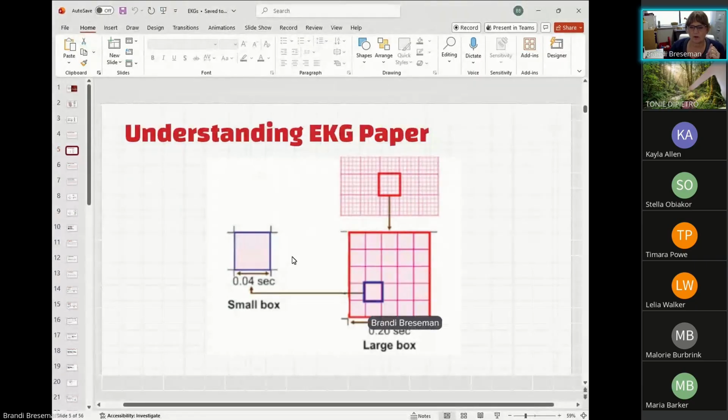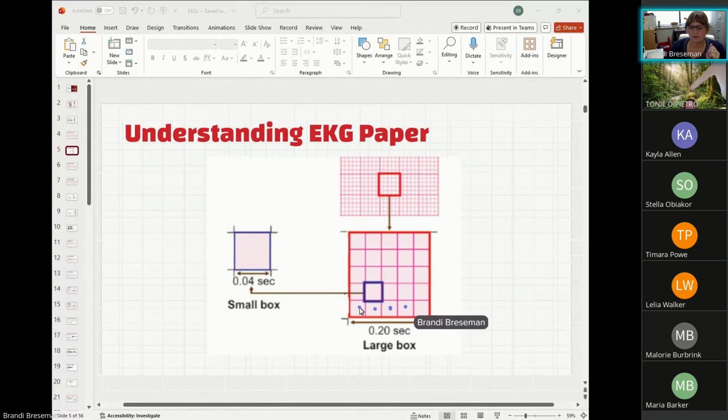If you count 1, 2, 3, 4, 5, there are 5 small boxes in 1 large box. And so if you take 0.04 and multiply it by 5, it is going to give you 0.2 seconds. And that's how this paper is all broken down.